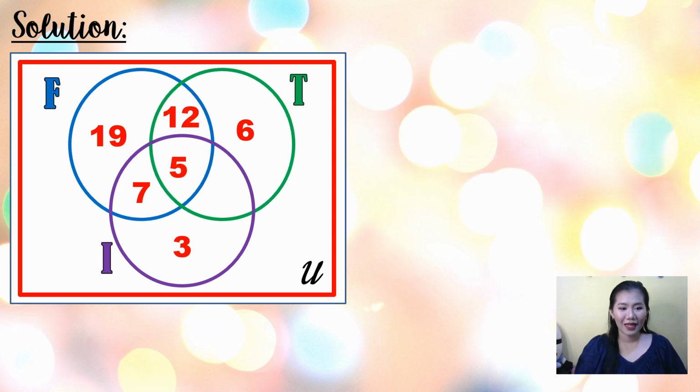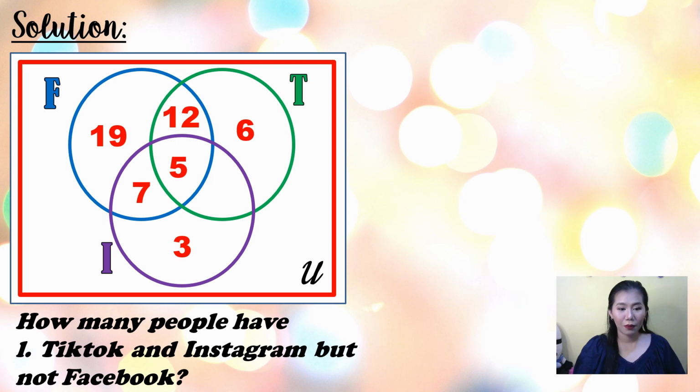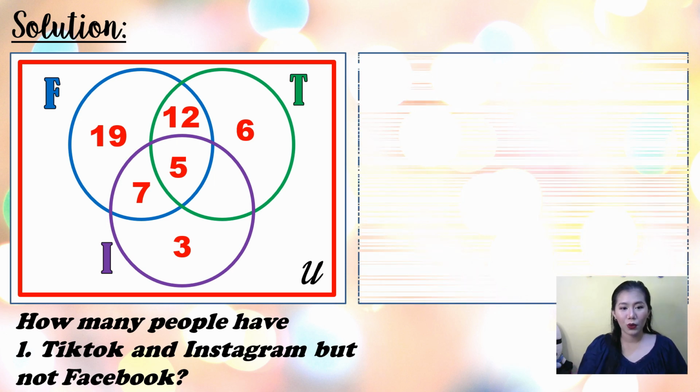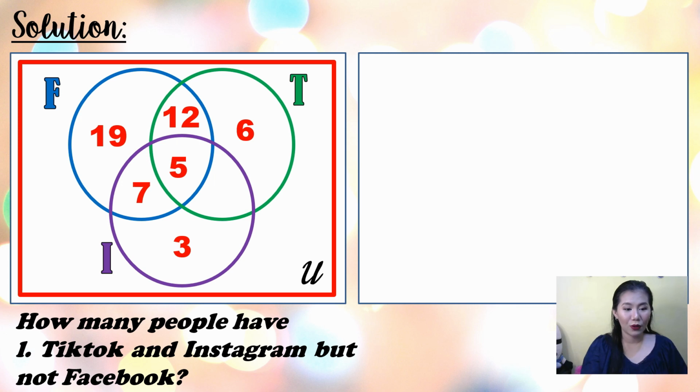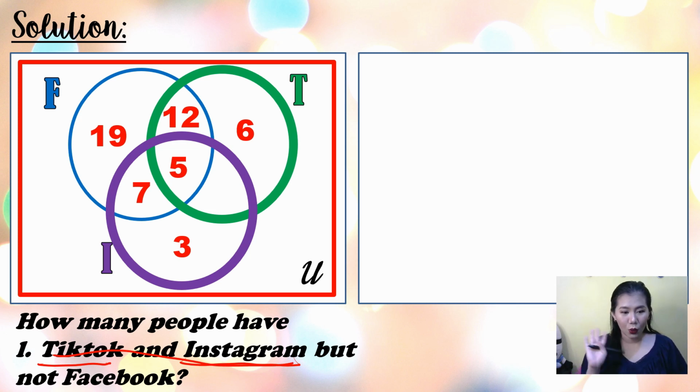Okay? So, let us now again find how many people have TikTok and Instagram but not Facebook. So, in this case, hanapin natin kung nasaan muna yung TikTok. Ang TikTok natin ay yung kulay green and ang Instagram natin ay yung kulay violet. So, there's your TikTok and there's your Instagram. Okay? So, ang pinapakuha sa atin ay ano daw yung TikTok and Instagram but not Facebook.